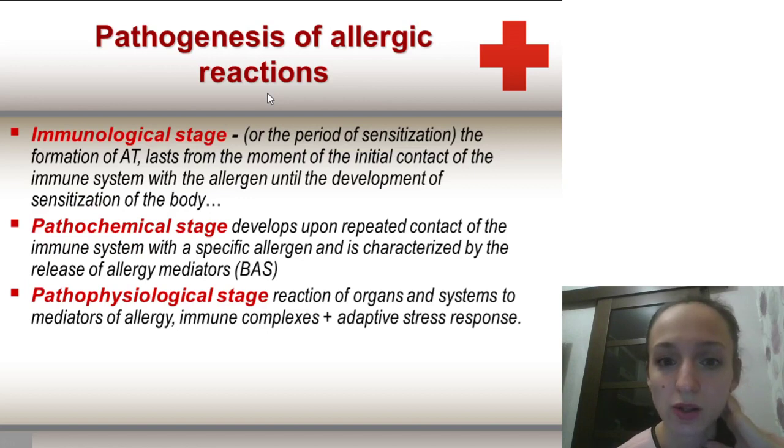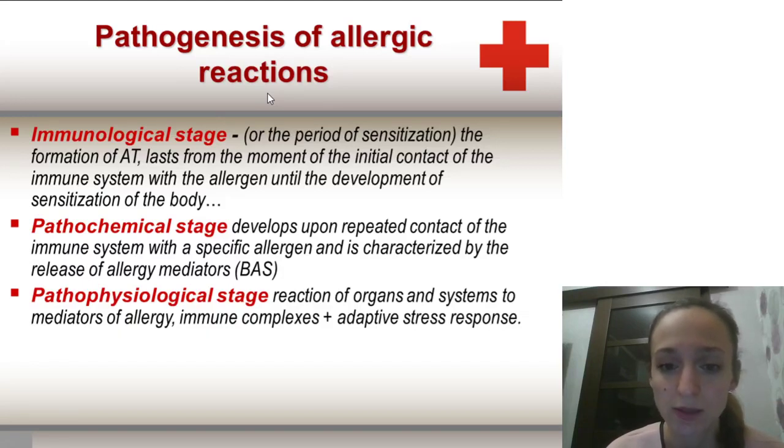Pathogenesis of allergic reaction. Immunological stage, or you can call it the period of sensitization. This period lasts from the moment of the initial contact of the immune system with the allergen until the development of sensitization of the body. Next is the pathochemical stage.